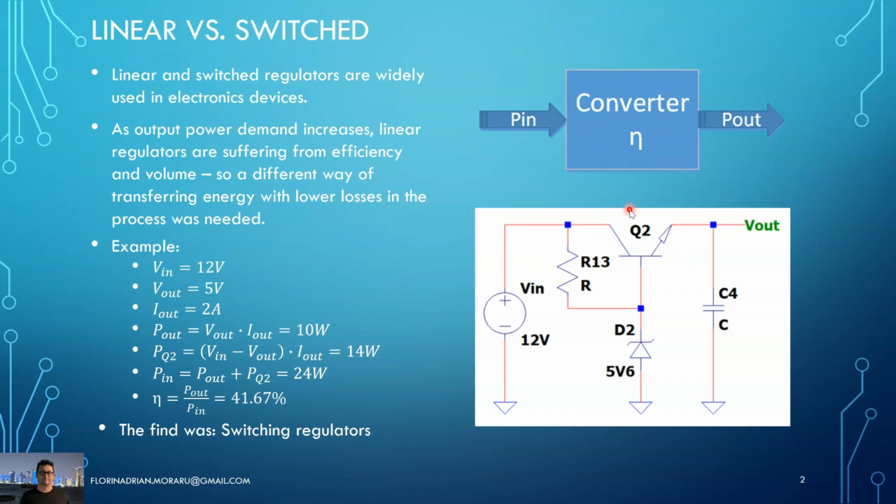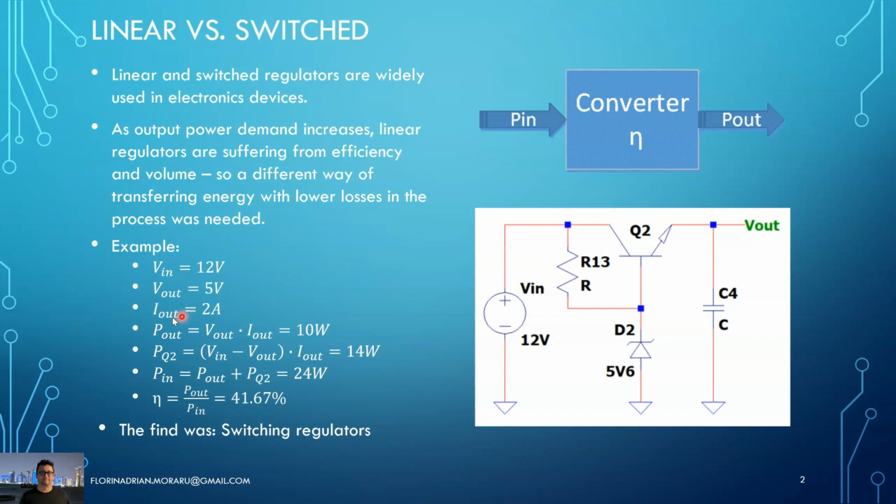We can see that on one hand we have the battery voltage, which is 12 volts, and on the other hand we have the needed 5 volts at the output. That means that the difference between the 12 volt input and 5 volt output needs to be across this regulating element Q2.